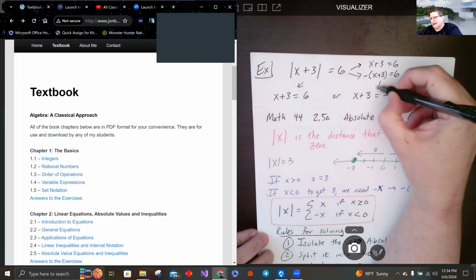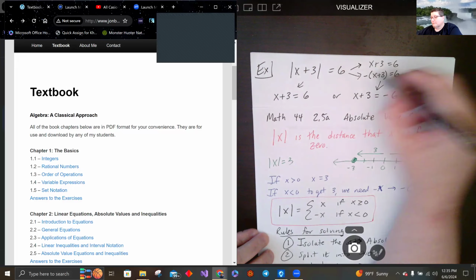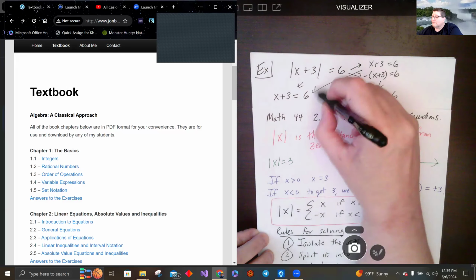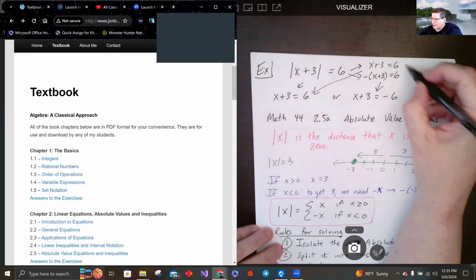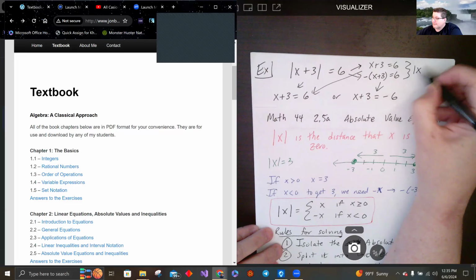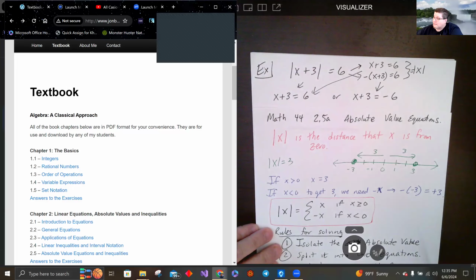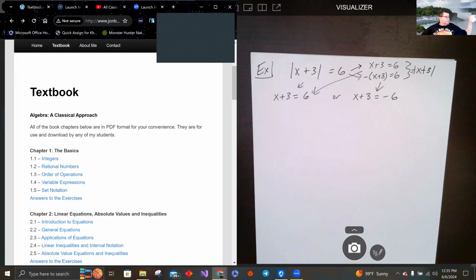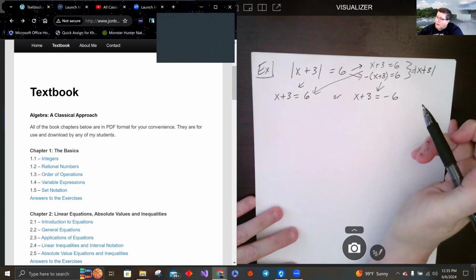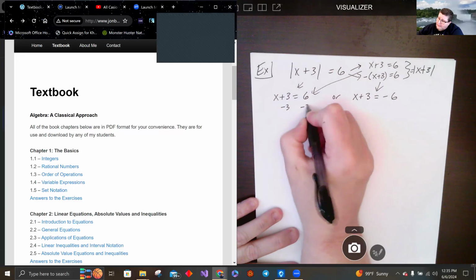But then we divide by a negative and we get to that. So that's like following the rules of absolute value of x. So the speed up is doing that, setting equal to the positive or negative. We solve normally.